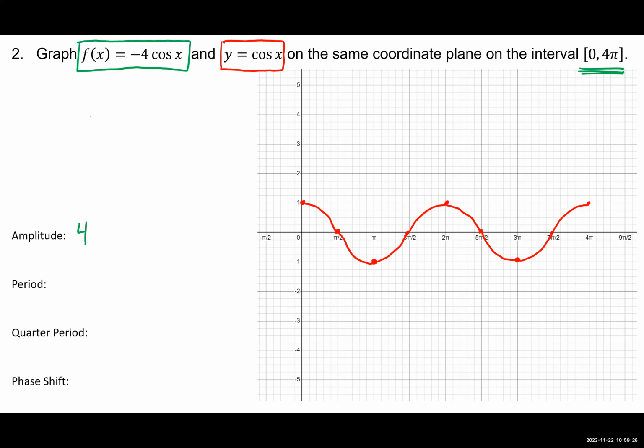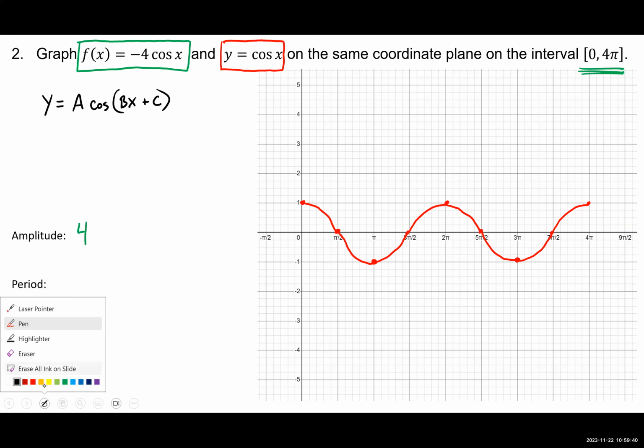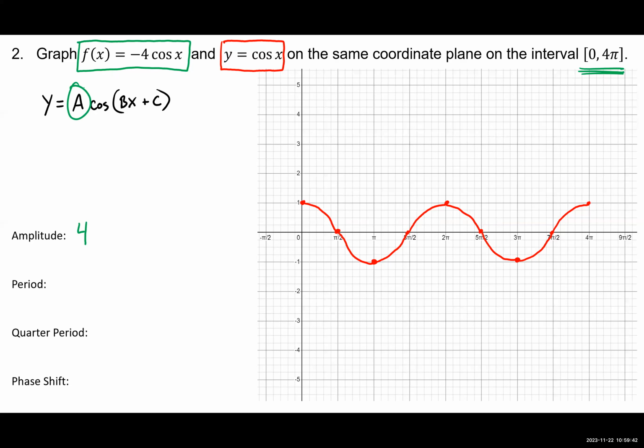Right? So we're using this model. Y equals A cosine bx plus c. And this problem looks like we've got A is -4 and the amplitude is always positive, the absolute value of that.